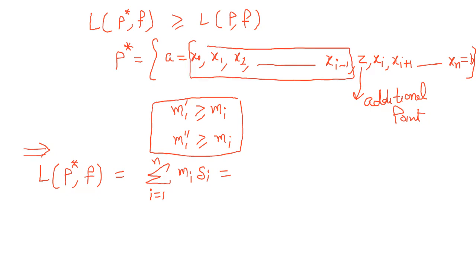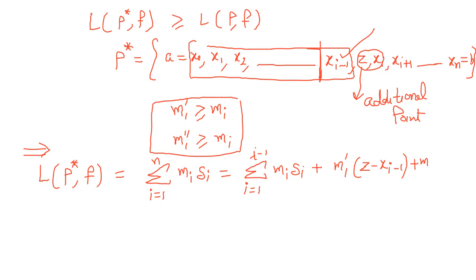Up to this part you can write summation i equal to 1 to i minus 1 of mi delta i, plus for this interval x(i-1) and z we are considering m1 dash. So this is the length z minus x(i-1).